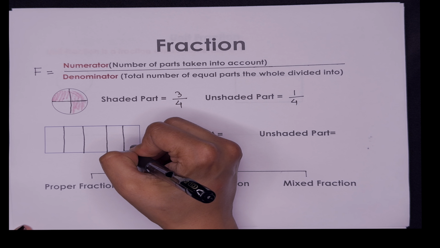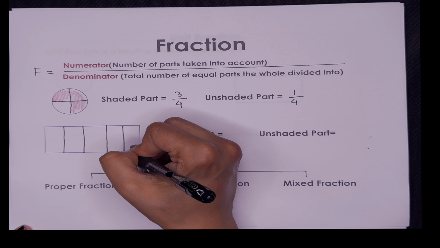Unit fraction. A unit fraction is a fraction whose numerator is 1. Let's get started with an example. This is a circle and I'm making it 4 equal parts. So each part will be 1 by 4. This is 1 by 4, this is 1 by 4, 1 by 4.